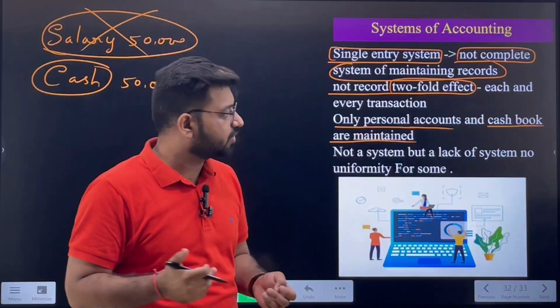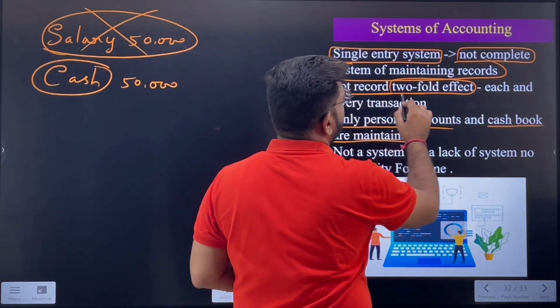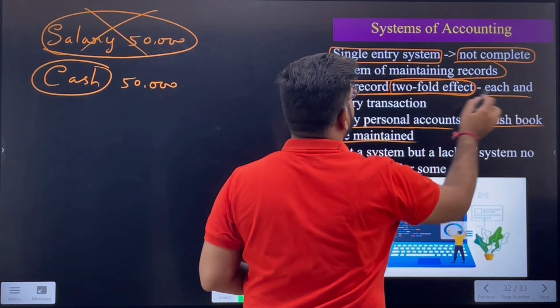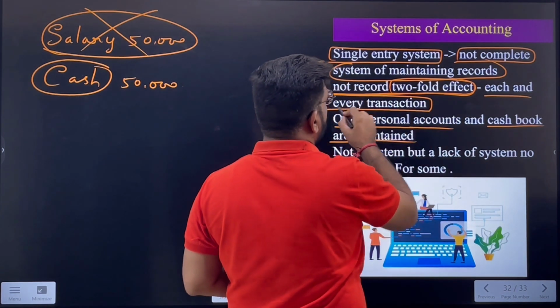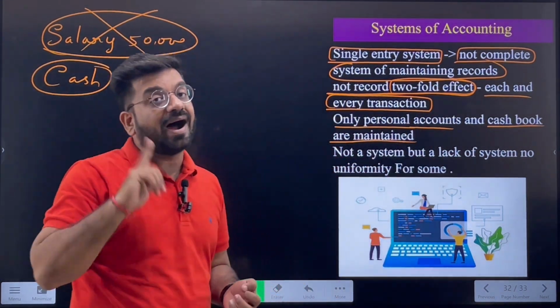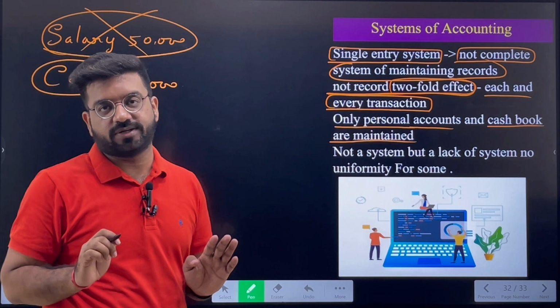So, many times it is not reliable, because most of the entries have no records of where this amount went, from where this amount came. So this can lead to misappropriations, and it can also turn things into frauds. That's why it doesn't record the two full effects. That is, each and every transaction is not recorded. Only a single part of that transaction has been recorded.